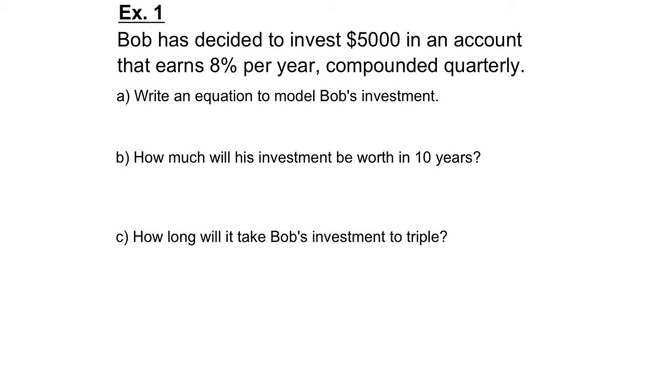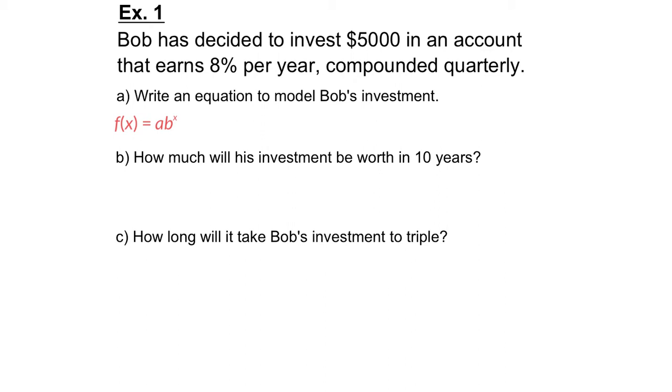But let's say you don't remember the compound interest formula, but you remember the general form for any exponential function. F of x equals a b to the exponent x. Well, we can use this to answer this question too. We'll end up with the compound interest formula, but I just want to show you how you can build the equation from scratch. So let's go back to the question.